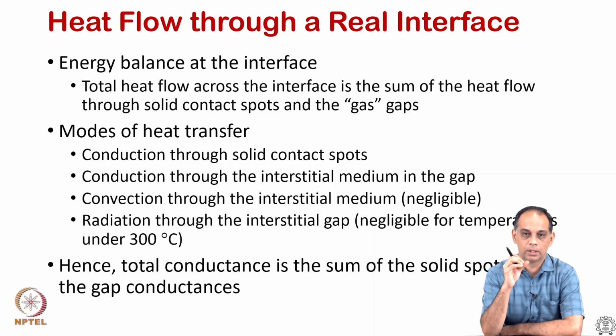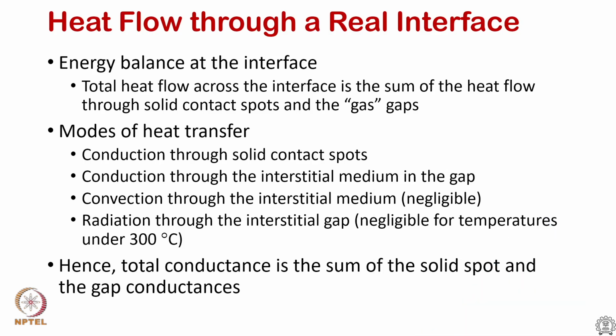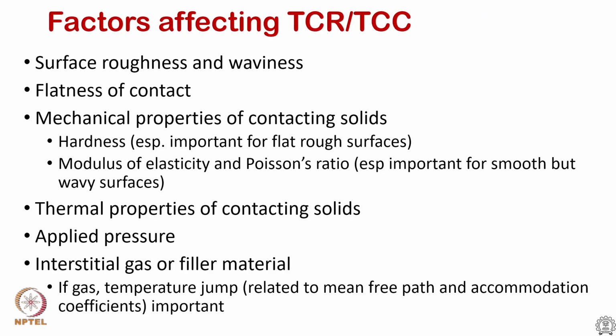However, the contact resistance has to be accounted for wherever there is bare metal to bare metal, or as we discussed, thermal interface material has to be used to mitigate the transfer of heat from the heat source all the way to the heat sink. And some of the design of these contact resistances or the thermal interface materials is quite challenging.